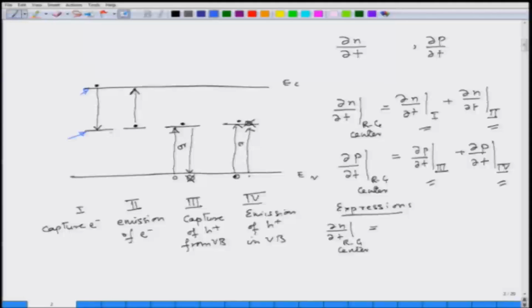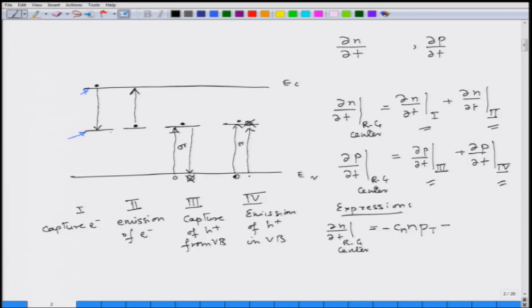It also needs empty trap states in order for the electron to combine with the trap states, which means the rate for the process 1 has to be proportional to the number of electrons in the conduction band multiplied by the number of empty trap states, which was given by P t as we defined that, and a proportionality constant for capturing of electrons C n, and this would reduce the electron concentration. So, with a negative sign. So, that is the rate for the first process.